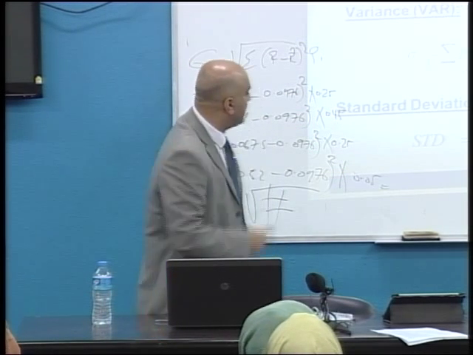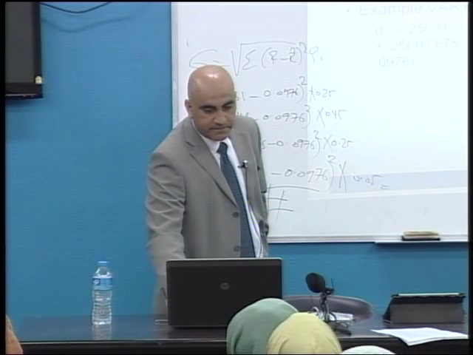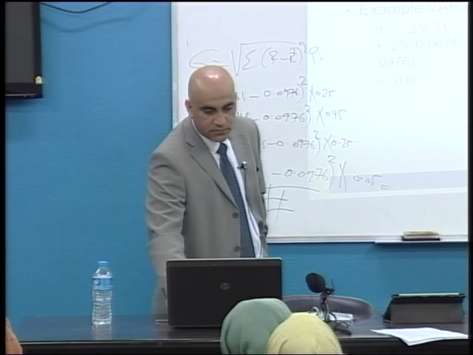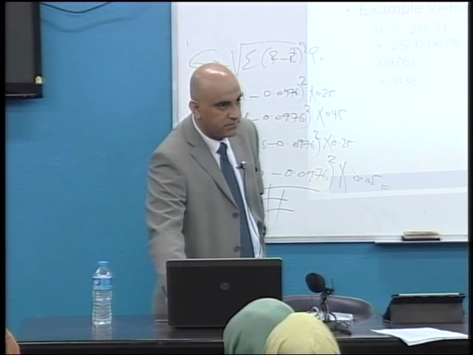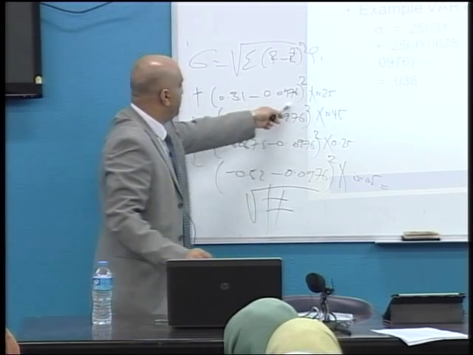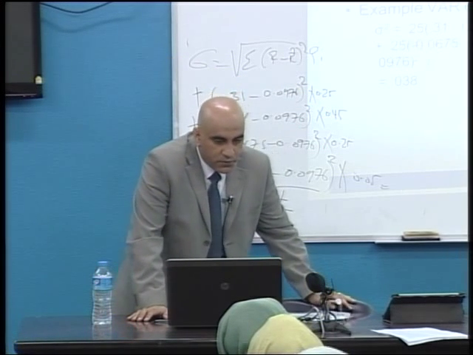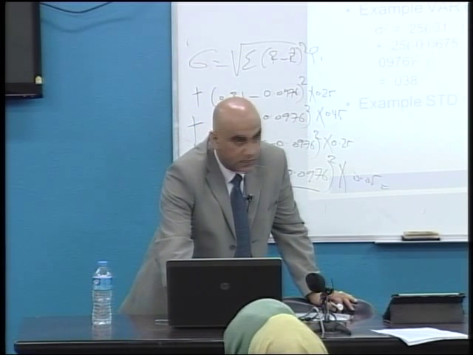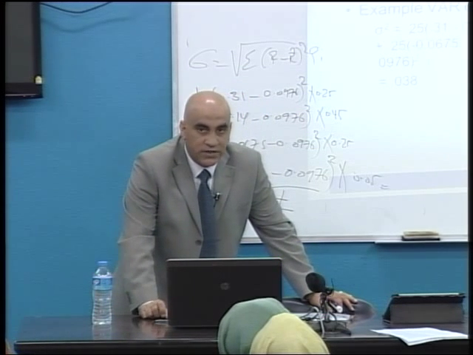So the standard deviation is the root of sigma squared. Okay? Do you have this? It is the same thing. It's 0.038. Did you get this result? Okay, that's fine. So it's 0.038.